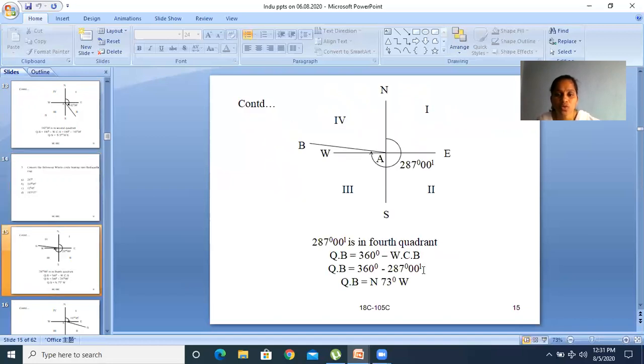So 287 is between 270 and 360, so it is in the fourth quadrant. What is the rule in the fourth quadrant? QB is equal to 360 minus WCB. 360 minus 287 degrees 00 minutes, so that value is 73 degrees, northwest. The quadrants are northwest.